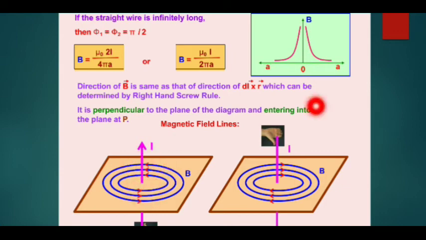Now when the current flows from top to bottom, the direction of the magnetic field produced is clockwise. So that time the right hand screw rule is like this.